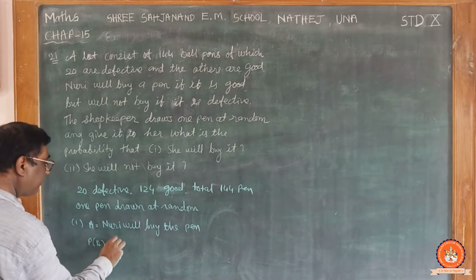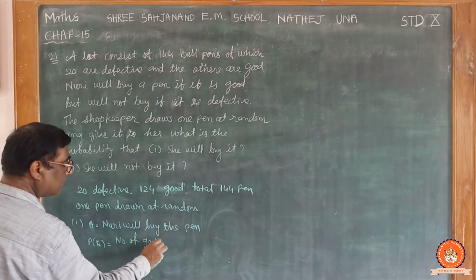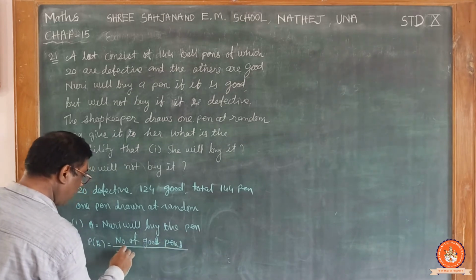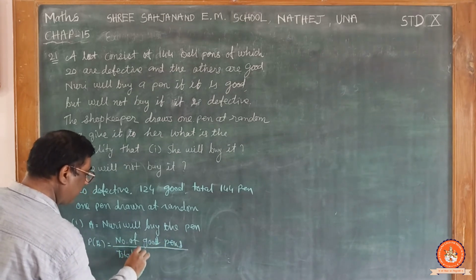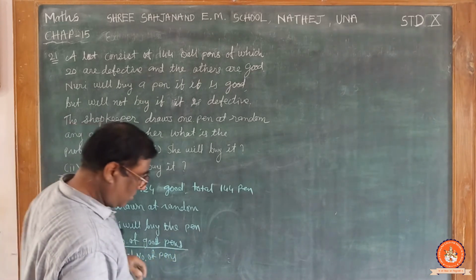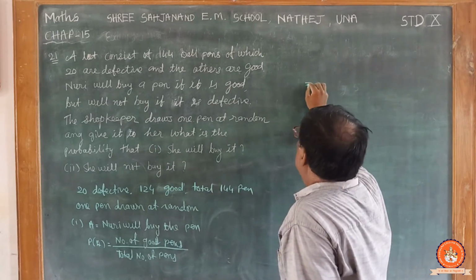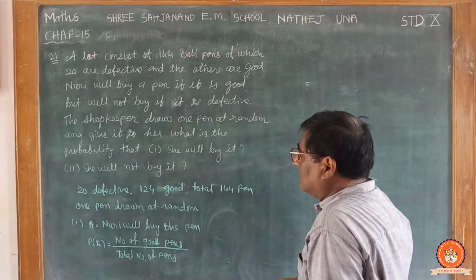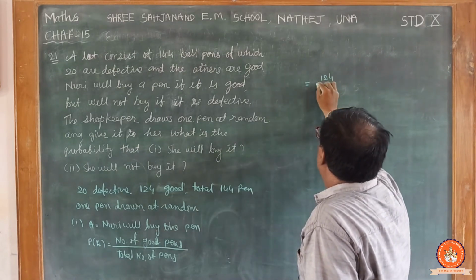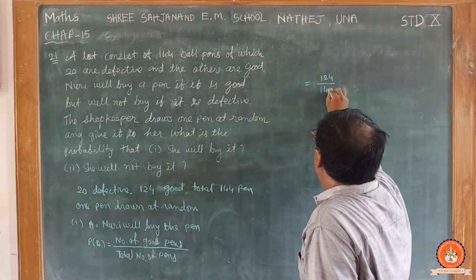It is equal to the number of good pens divided by the total number of pens. What is the number of good pens? It's 124. And the total number of pens is 144.